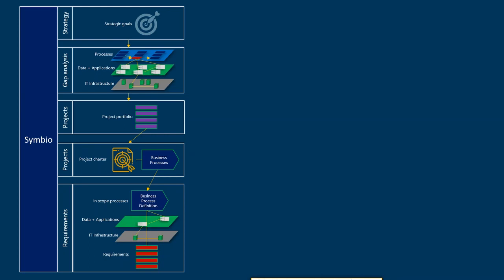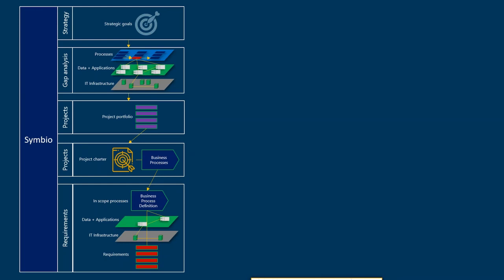So your project portfolio. Your project portfolio is then broken down into, and we covered this a little bit earlier, Mikael, with you, with the new features. So in the project facet of Symbio, you've got the ability now to unpack the detail of that project further. You can associate the project to the in-scope business processes.